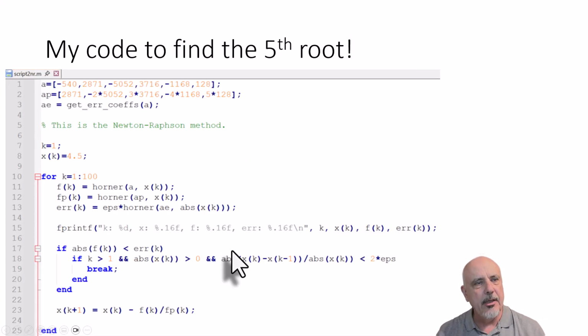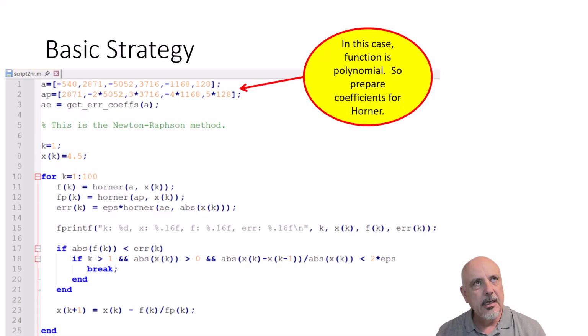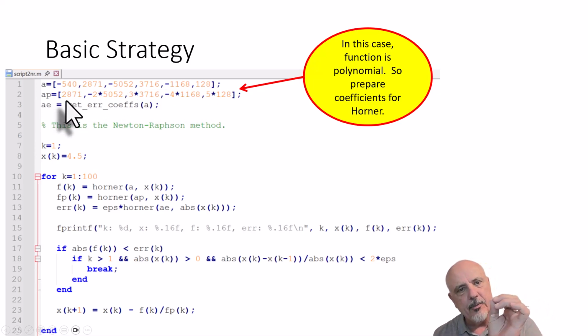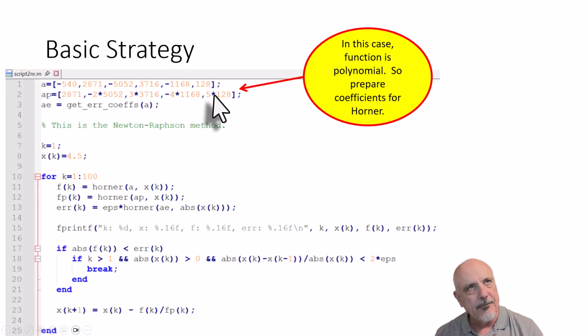And here's how I implement it. So here's the code that I'm going to show you to run for Newton Raphson. At the beginning, I get my polynomial coefficients in ascending order. That's my A. Here are the coefficients for my derivative, right? It's going to have 1, 2, 3, 4, 5. So we only have 5 because it's a quartic, right?